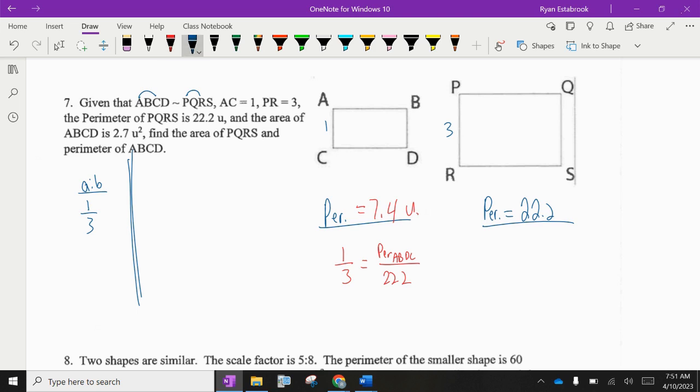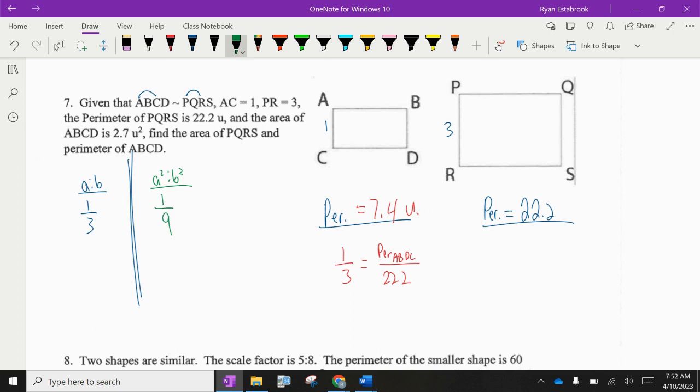Maybe the more difficult part in this one is once we get into the area, it says the area for the small one is 2.7. So the linear ratio is this. I would then say that the area ratio are those numbers squared. Square the numerator, square the denominator, so 1/9. The area of the smaller one is 1/9 the area of the bigger one.